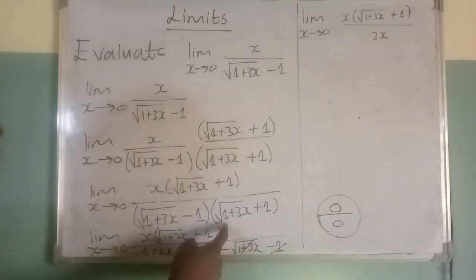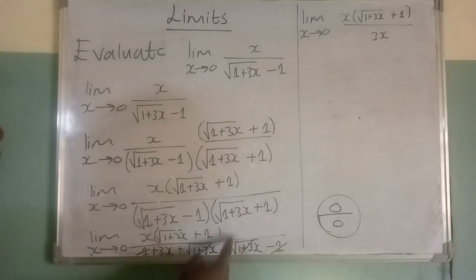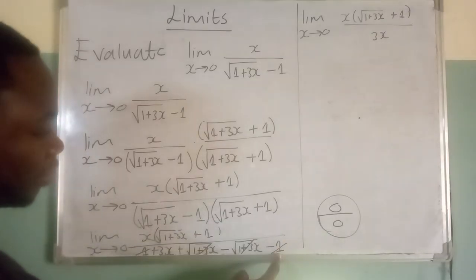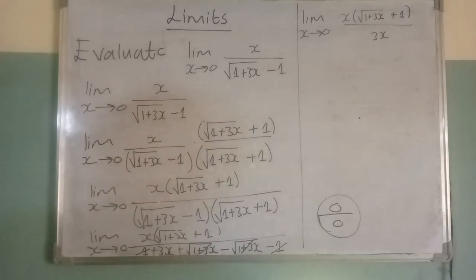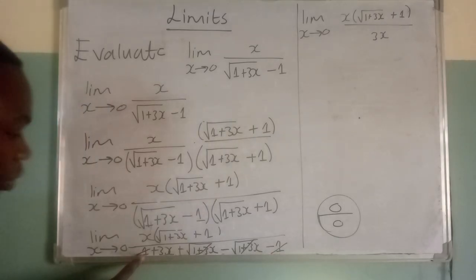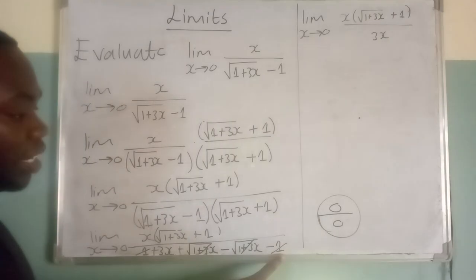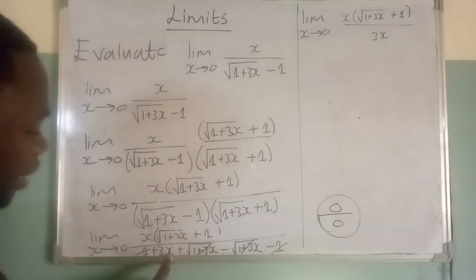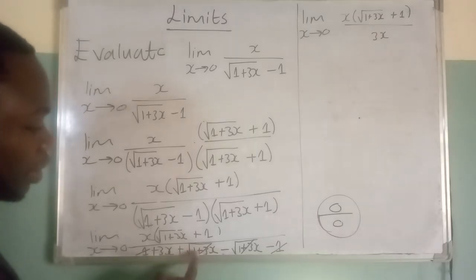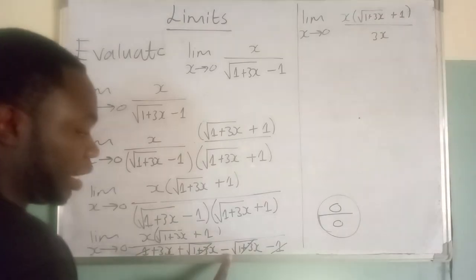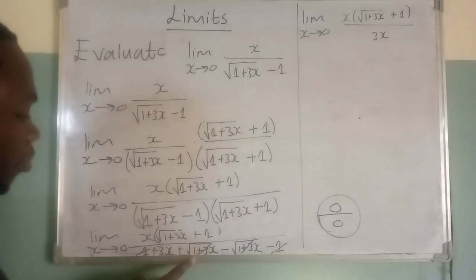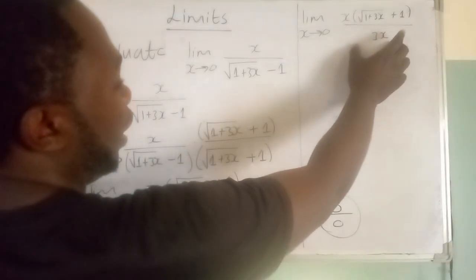Negative 1 times the square root of 1 plus 3x, we have negative square root of 1 plus 3x. Then negative 1 times positive 1, we have negative 1. Looking at the denominator, we have positive 1 and we have negative 1, so these two cancel. And we have 3x. This is not going to cancel with anything. We have positive square root of 1 plus 3x and negative square root of 1 plus 3x. These two cancel. And this is now what we are having.